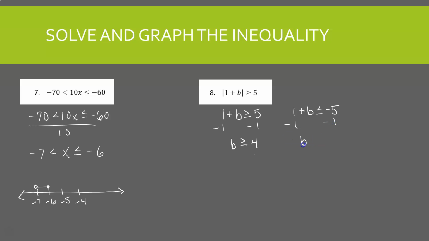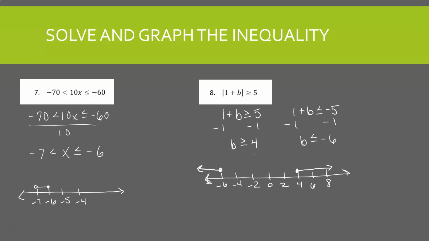So I have b less than or equal to. We're going to go up by 2s. Okay. So b is greater than or equal to 4, and then b is less than or equal to negative 6.